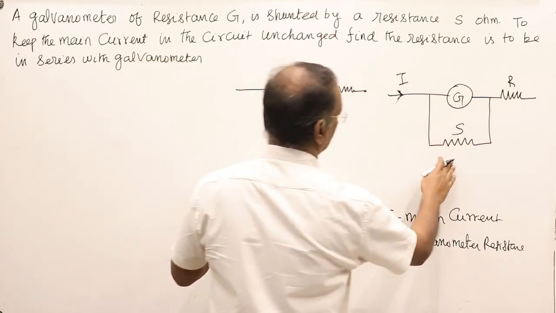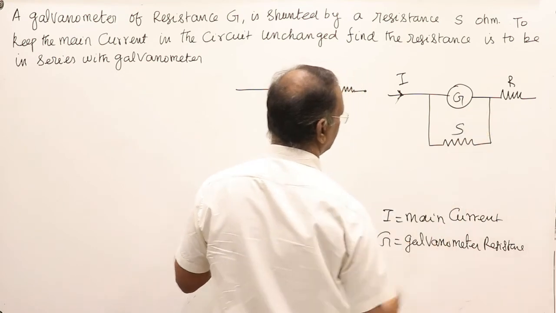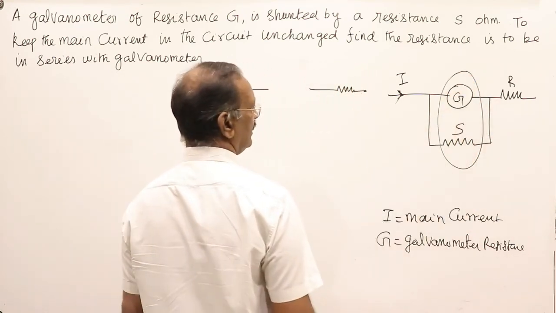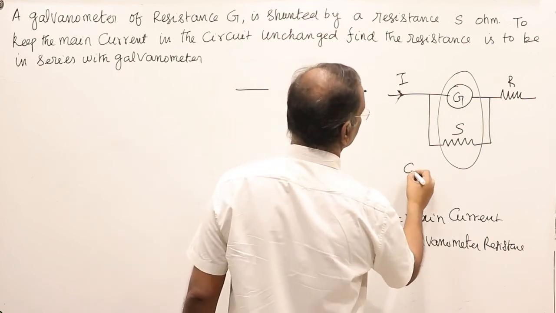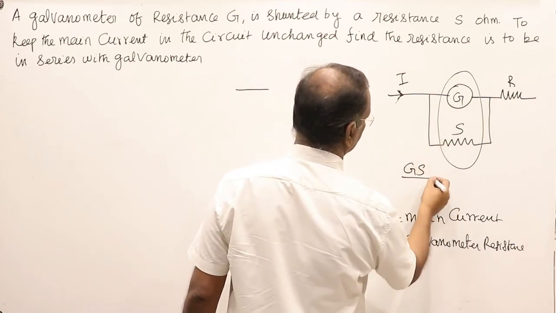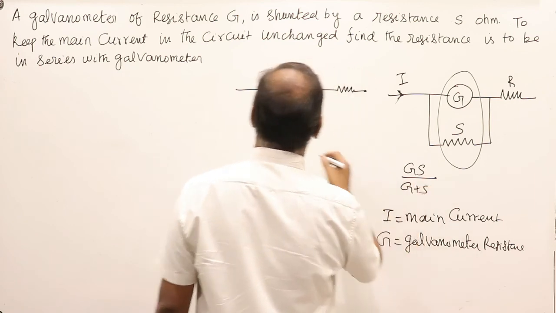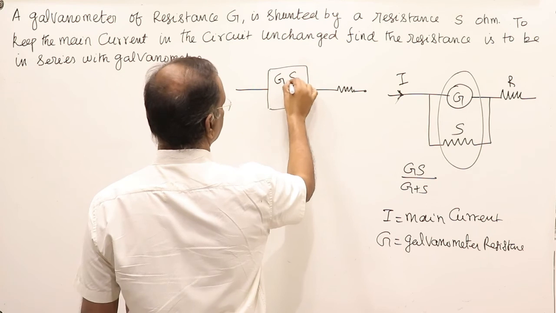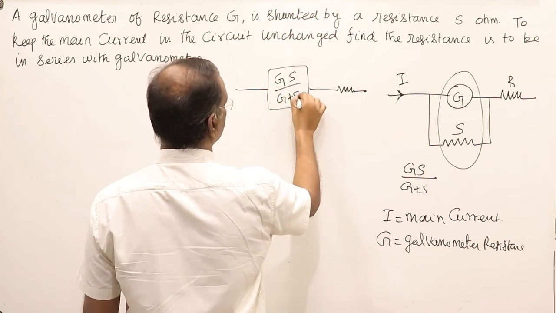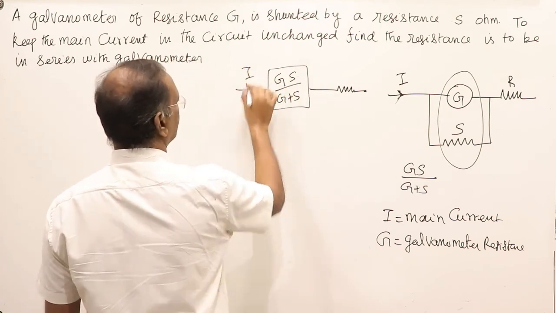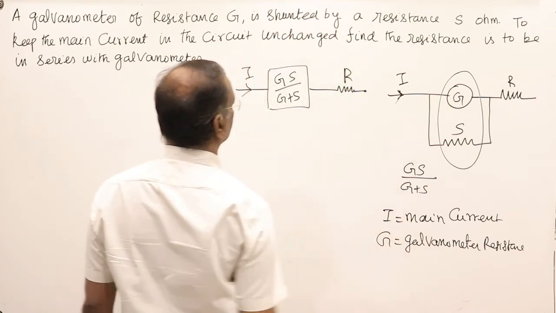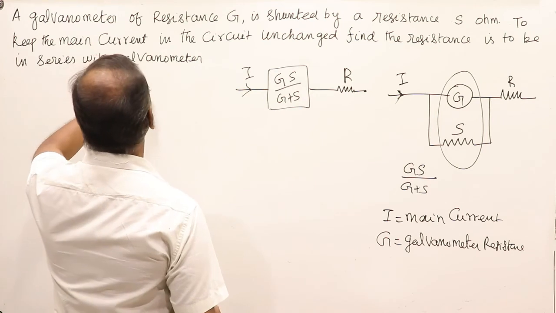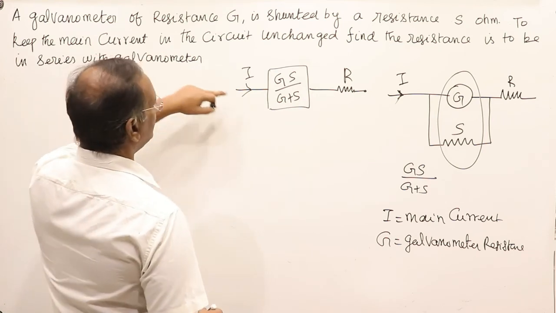Here, this and this are in parallel. It means this entire thing will become G into S divided by G plus S, because both are in parallel. To keep the main current constant, add R. Now find the resistance to be in series with the meter to keep the main current constant.